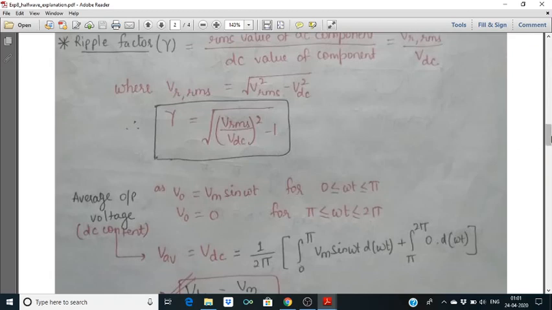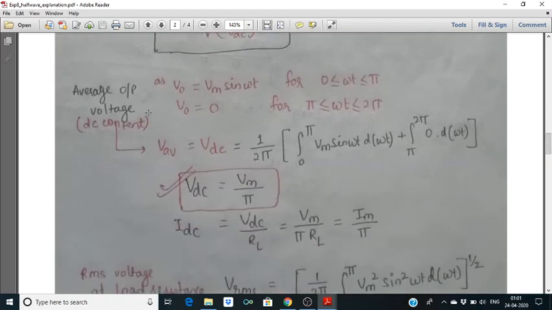Now first of all we will calculate Vrms and Vdc. First we will calculate Vdc. Vdc is nothing but the average DC content in the output voltage. We can calculate it by using this formula, and its value will be Vm by pi.